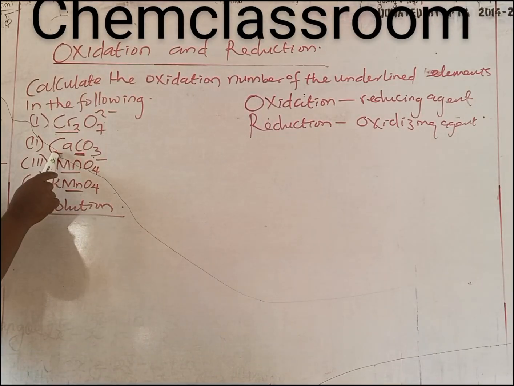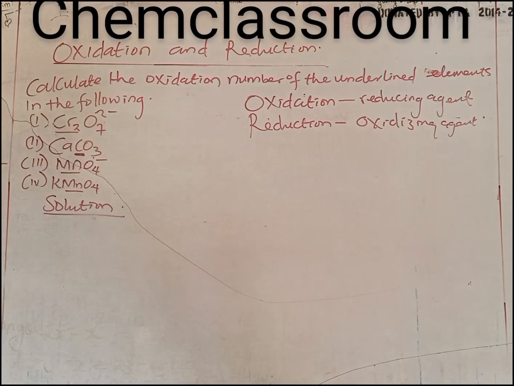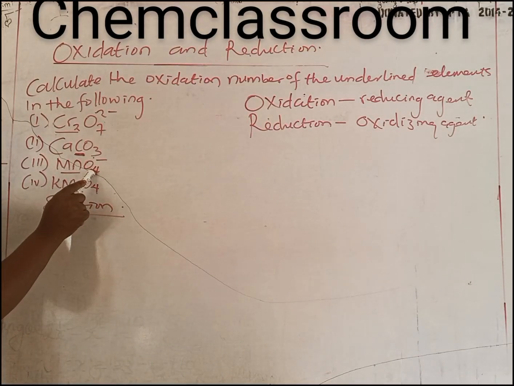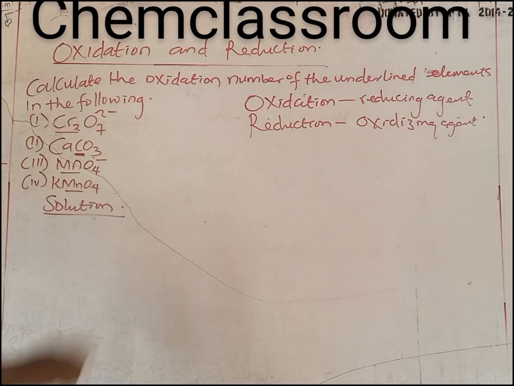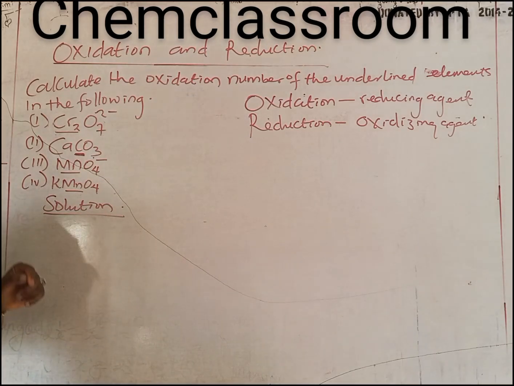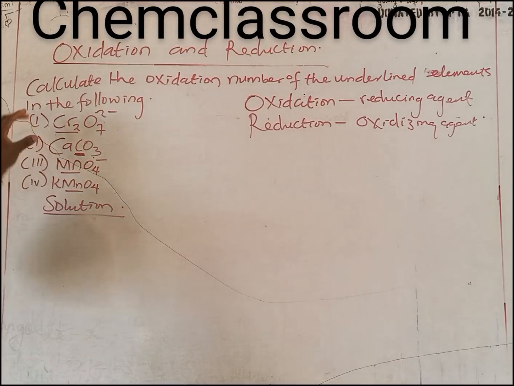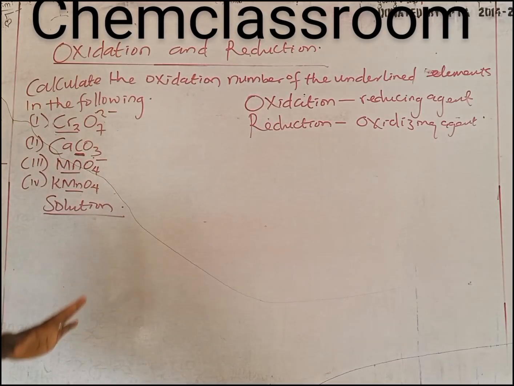The second is calcium trioxocarbonate(IV). The third is the tetraoxomanganate(VII) ion. The last one is potassium tetraoxomanganate(VII).